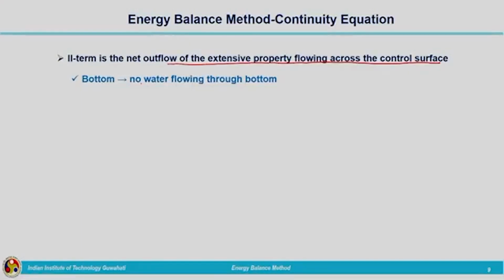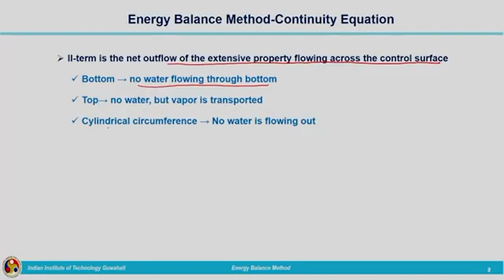What are our control surfaces? That is the cylindrical surface and also the bottom surface. Will there be any flow of water through the bottom of the pan? There will not. At the top, there is no water transfer taking place.